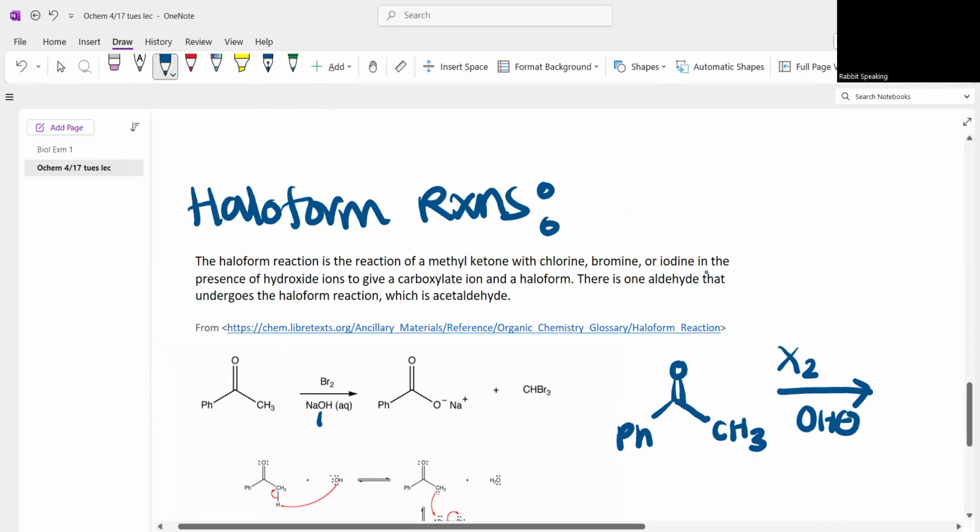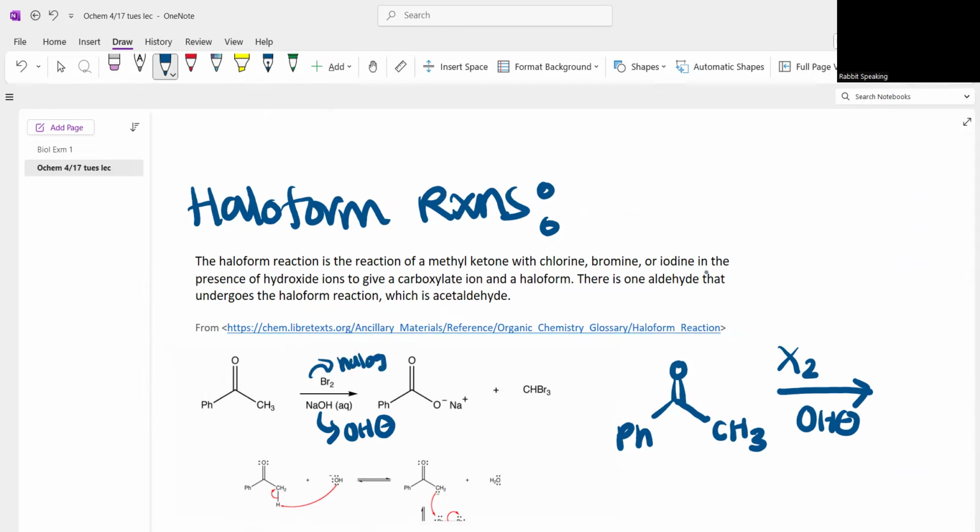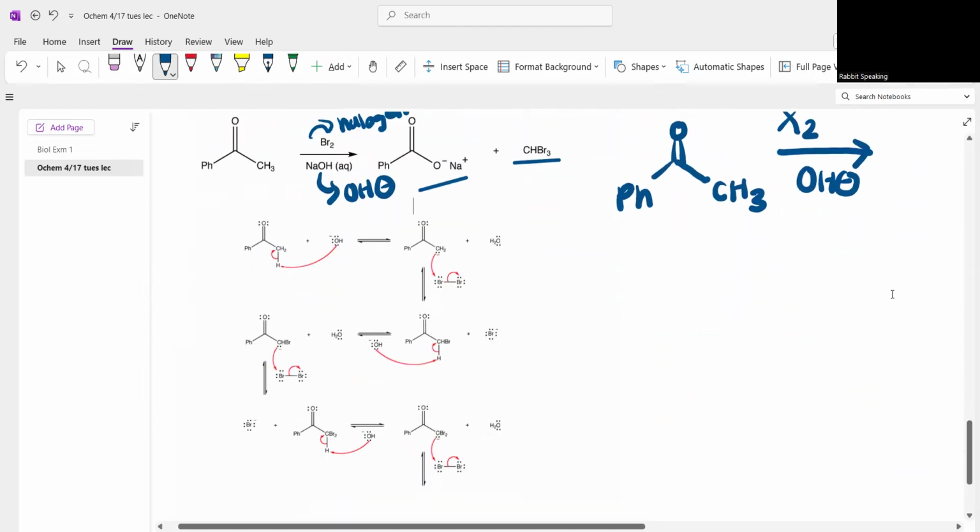They use sodium hydroxide, and this is their halogen, to give a carboxylate ion. So this is our haloform, I'm guessing, and this is our carboxylate ion, question mark.